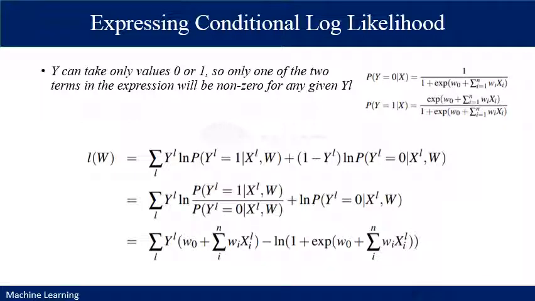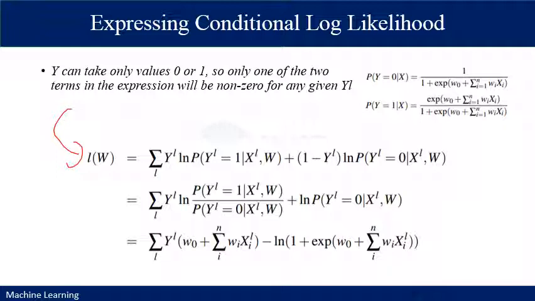So in the expression of conditional log likelihood, the output can only take the values 0 or 1. So only one of the two terms in the expression will be non-zero for any given output. So once you estimate the conditional log likelihood, you can calculate the loss function, and you would like to minimize this loss function to achieve accuracy in your model.